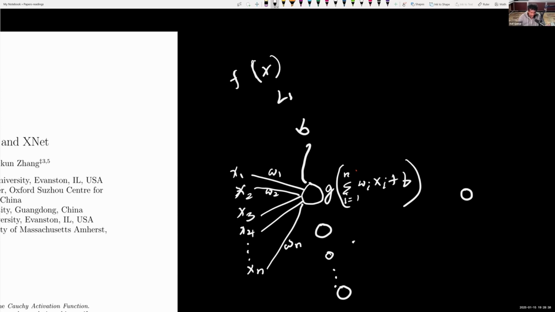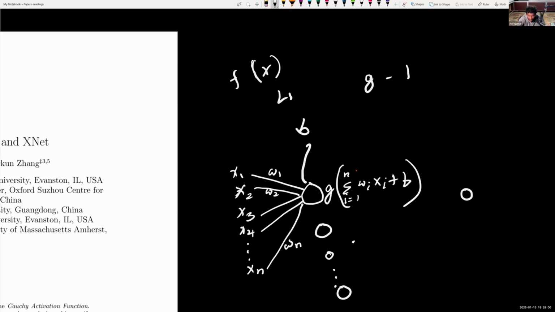Now, this is all probably 20 years old, or probably much more than that, but I'll just give a basic intro for people who are new. The key point I want to highlight here is this function g, which is what we are calling the activation function.